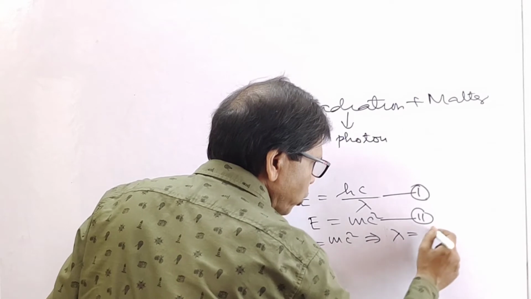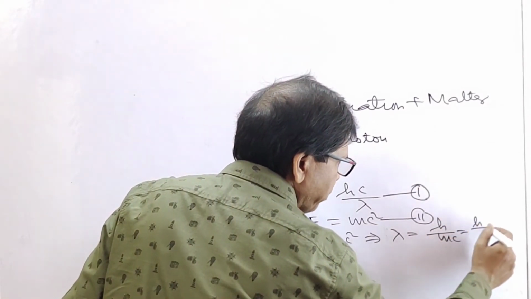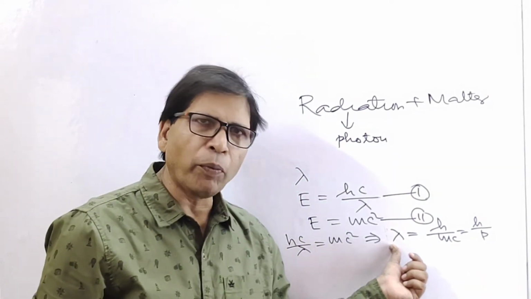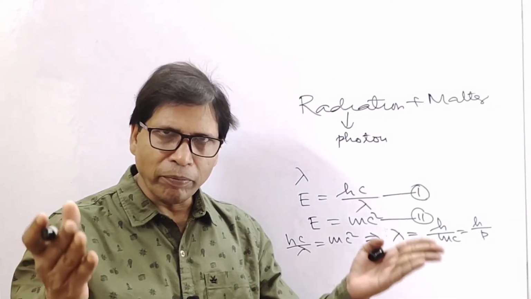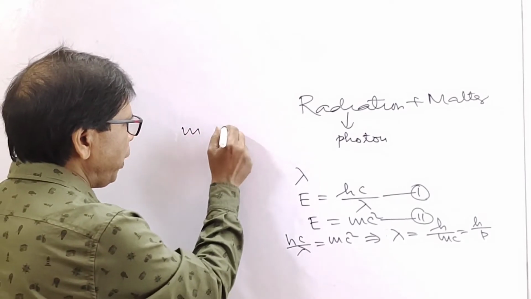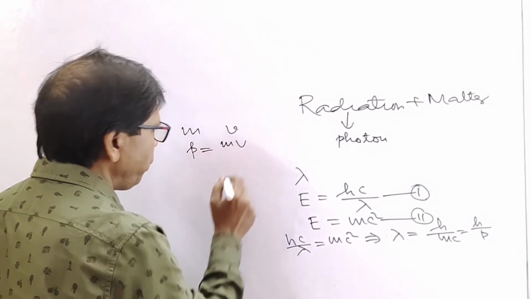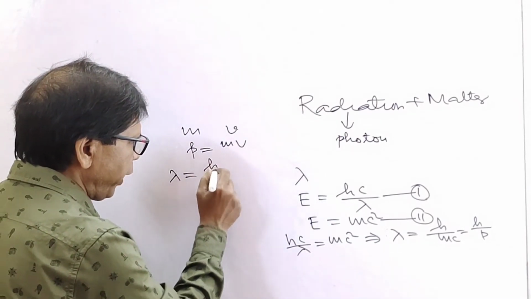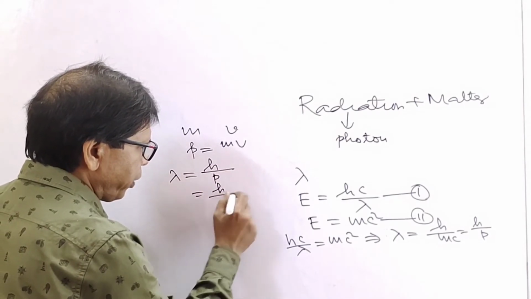Therefore, lambda is equal to h by mc is equal to h by p. Now, this formula of wavelength of photon is also applicable for matter wave. If a particle of mass m moves with velocity v, then its momentum p equal to m into v. So, wavelength of matter wave lambda is equal to h by p equal to h by mv.